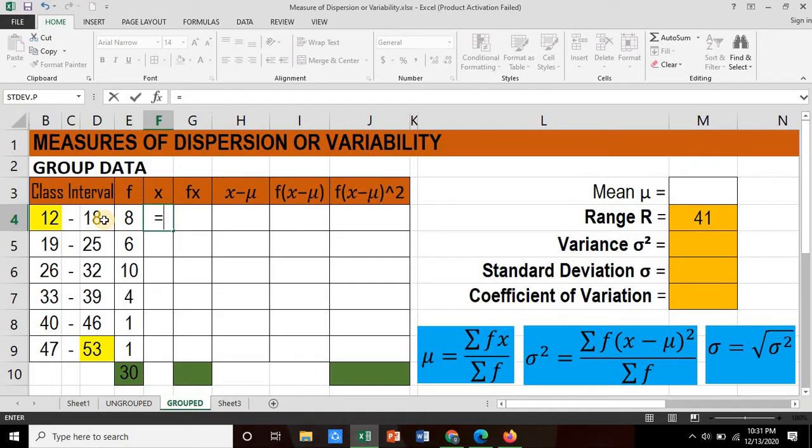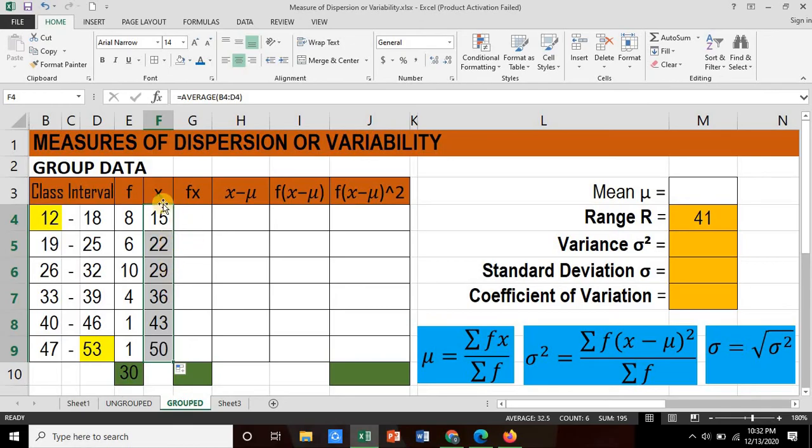So this is simply equals AVERAGE, open parenthesis, these two values, press enter, and the midpoint is 15. We simply copy or apply the same formula, so our column for the midpoint is now completed.